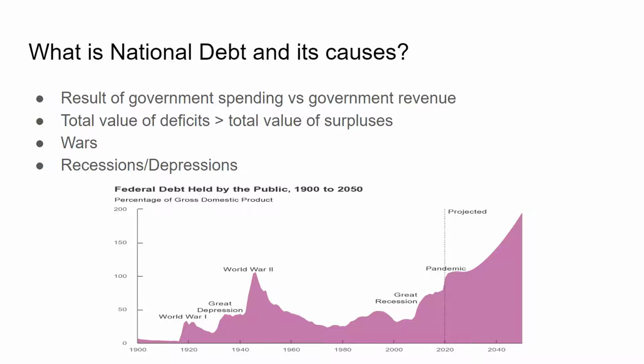As we see from this graph here of the US national debt since the year 1900, wars and recessions are the usual causes of national debt spikes of the last 120 years.